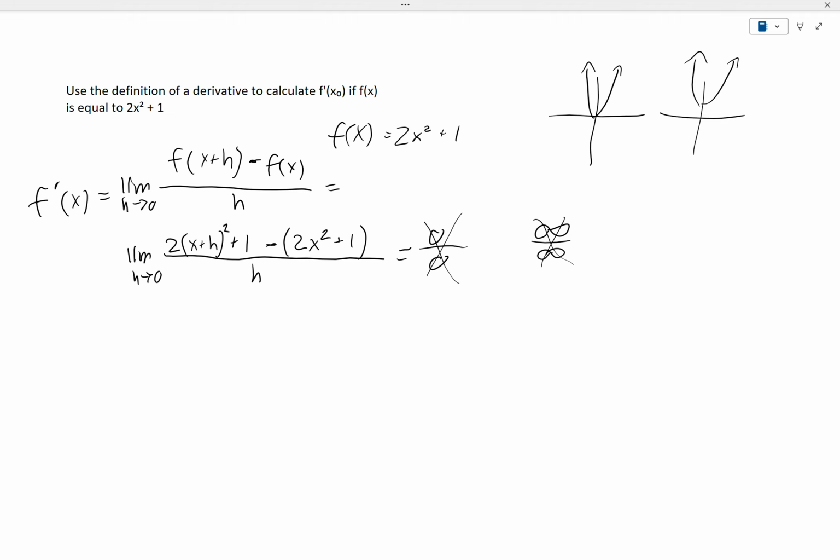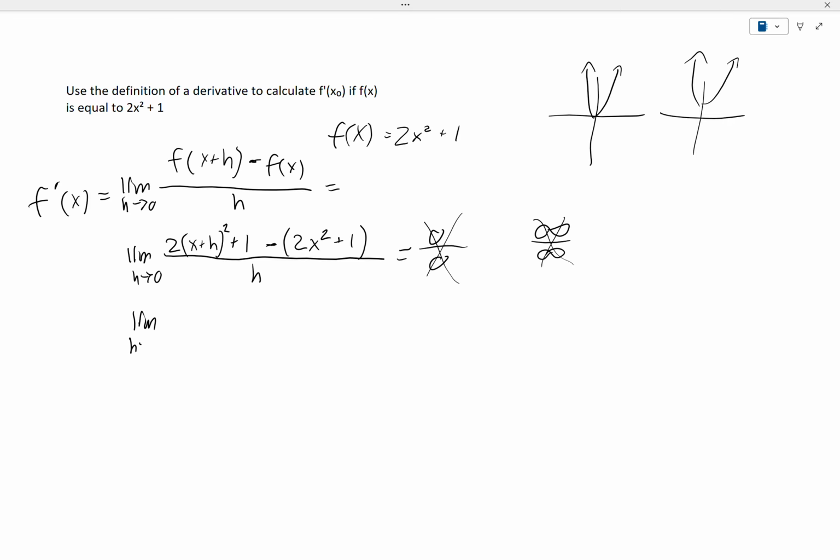Instead, you want to get something that's not either one of these. And how do you do that? Well, you just manipulate your limit using algebra. So I'm going to use FOIL up here and distribute the negative sign.